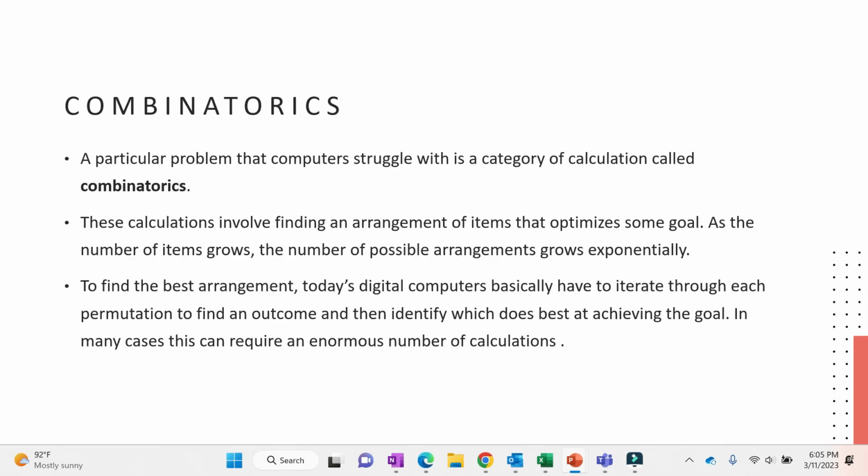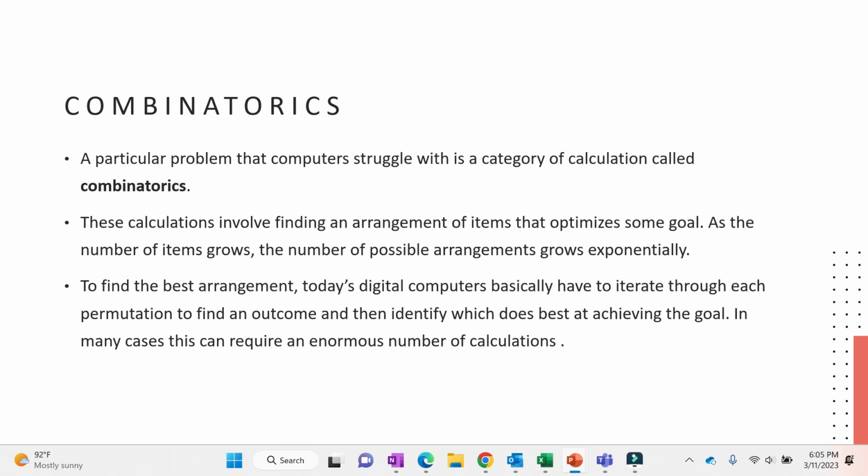So, what are those special complicated problems that even supercomputers struggle with? Those are known as combinatorics, where a number of variables are interacting in a very complicated way. These calculations involve finding an arrangement of items that optimizes some goal. If we are looking to achieve some goal and there are multiple options that can take you to that goal, finding the best permutation and combination can be really complicated.